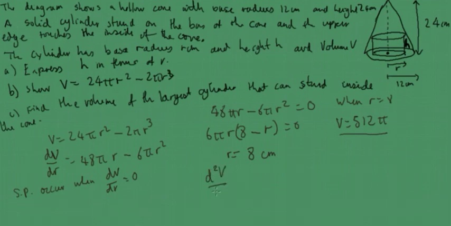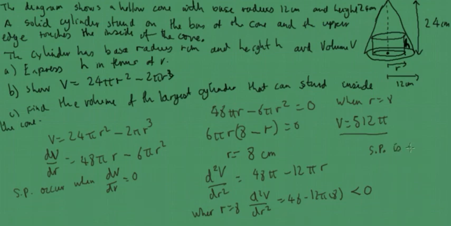So the second derivative of the volume will give us 48 pi minus 12 pi r, and when r equals 8, the second derivative will be equal to 48 pi minus 12 pi times 8, which is less than 0, so the stationary point is a maximum.